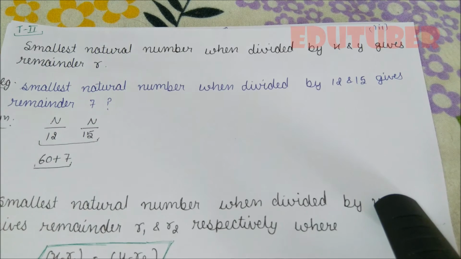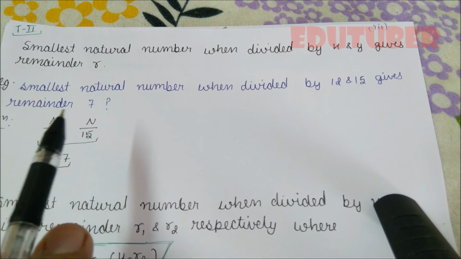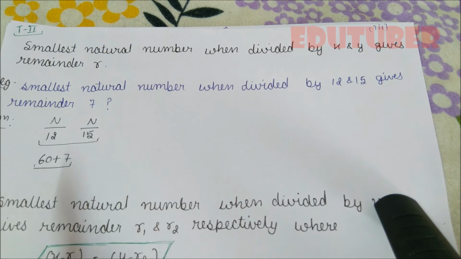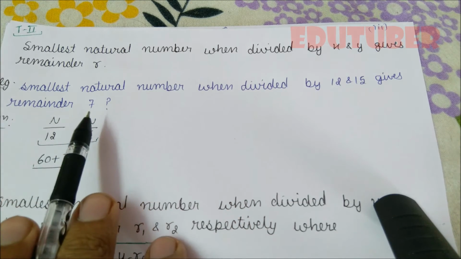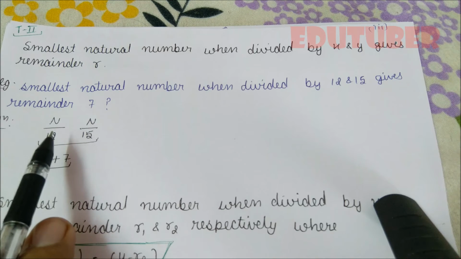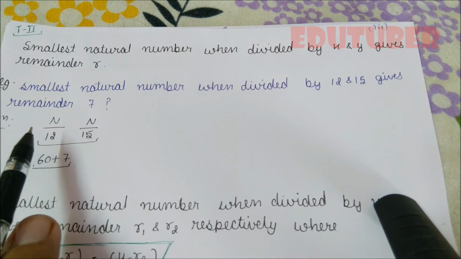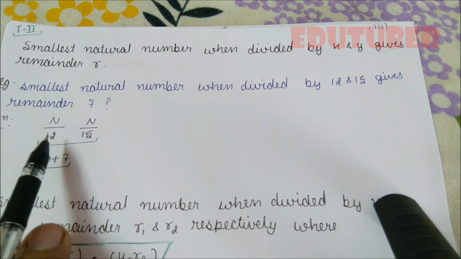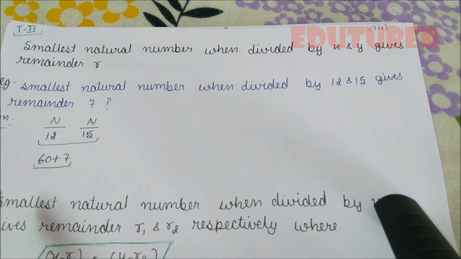Second type of question is the smallest natural number which, when divided by x and y, gives remainder r. For example, find the smallest natural number which when divided by 12 and 15 gives remainder 7. In the previous question we found the smallest number which is divisible by both 12 and 15, that was the LCM of 12 and 15. Now in this question, when this number is divided by 12 and 15 it should give remainder 7.